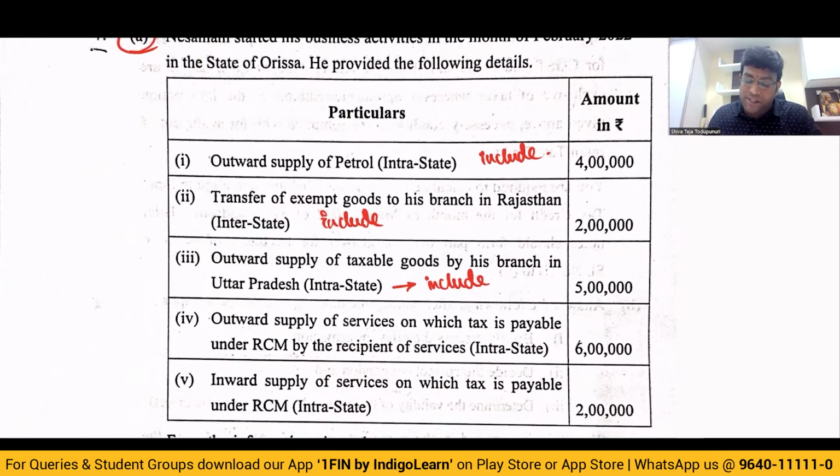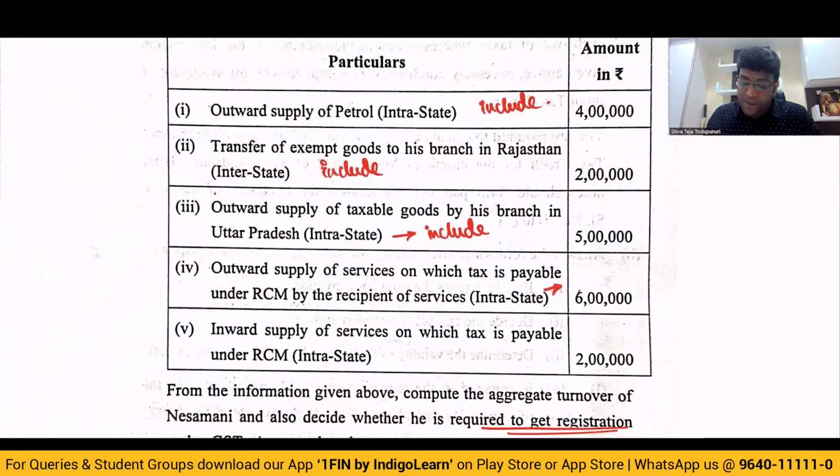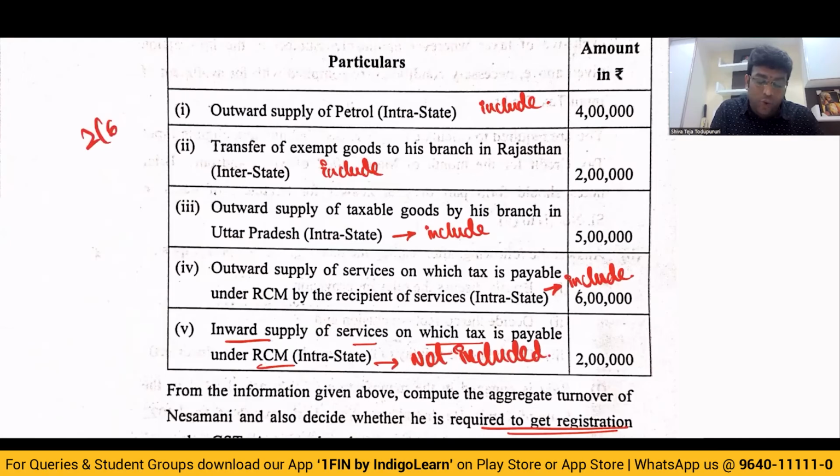Next. Outward supply of services on which tax is payable under RCM by the recipient of service. So what? This is also included. Inward supply on which tax is payable under RCM. This is not included. And whatever I'm writing here is all based on section 2(6), which defines aggregate turnover.